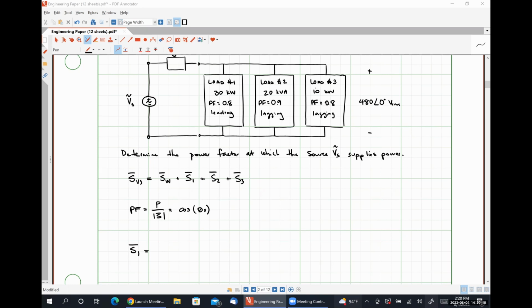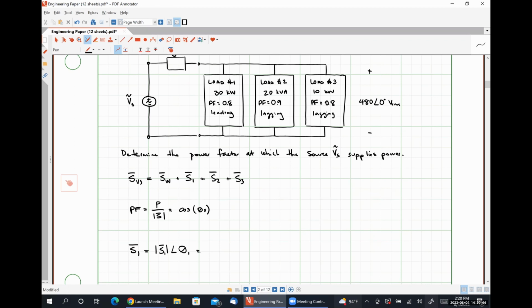So what we can do is say that the average power absorbed by load 1 is going to be the apparent power absorbed by load 1 with an angle that I'm going to call theta 1.